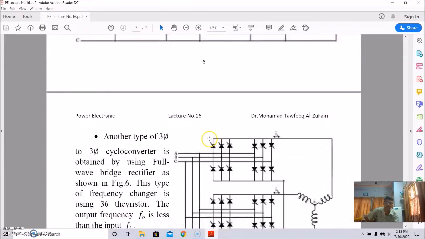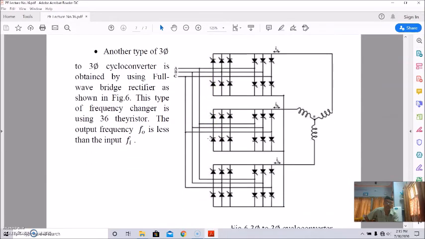Another type of 3-phase to 3-phase cycloconverter is obtained by using full-wave bridge rectifiers. These are the full-wave bridge rectifiers for each phase.